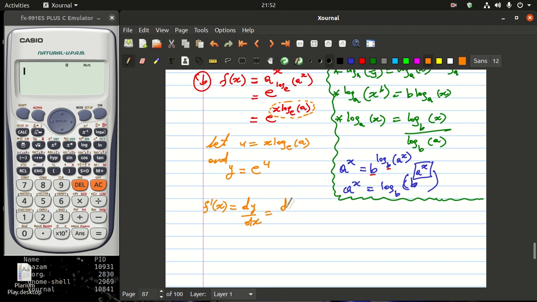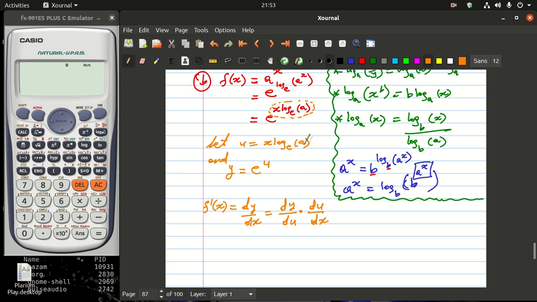So I need to change it and say I have dy du, because this is written in terms of u, and now I have to multiply by du, because this du was not part of that, and then I take du with respect to x, because my u is in terms of x here.